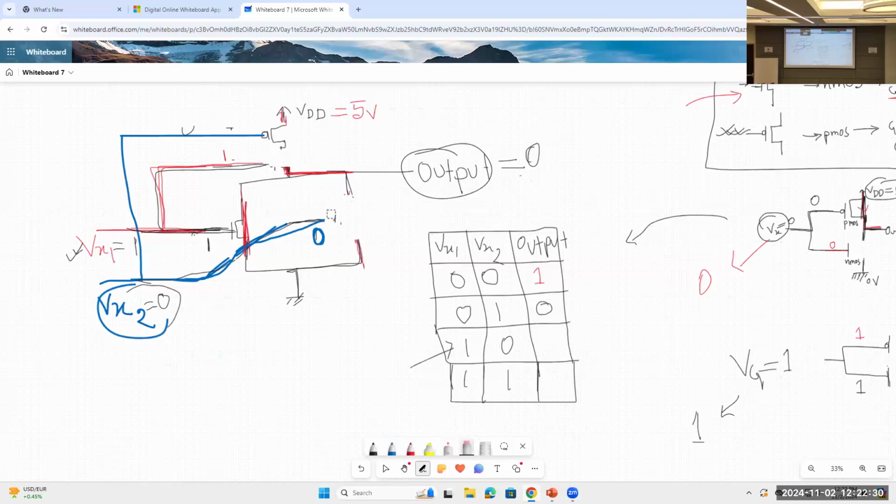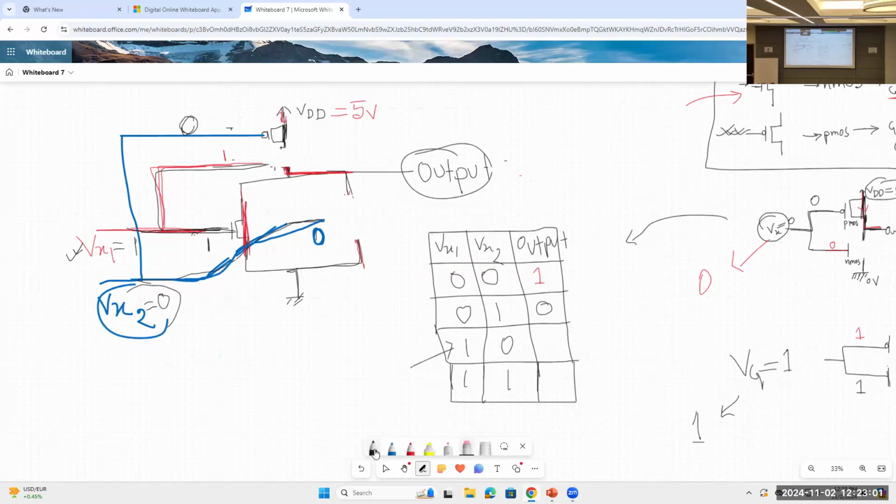And this same VX2 equal to 0 will come to this PMOS as well. If the PMOS gets 0 as an input, it will be turned on, right? PMOS, opposite thing. So this will be connected. Okay. So now let's analyze: output is connected to what? VDD or 0 volt?